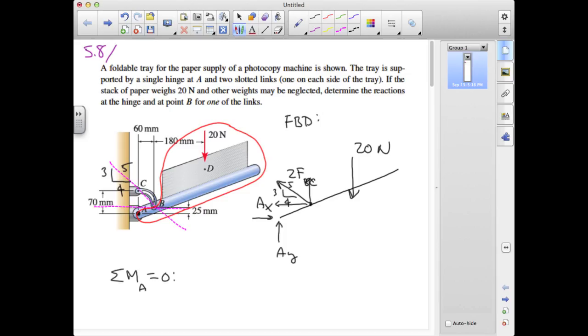So I've got 2 FBC, cosine of that angle is 4 over 5, times the moment arm of 25 millimeters. And then I've got the vertical component, which is 2 FBC times the sine of that angle, and that moment arm is 60 millimeters.